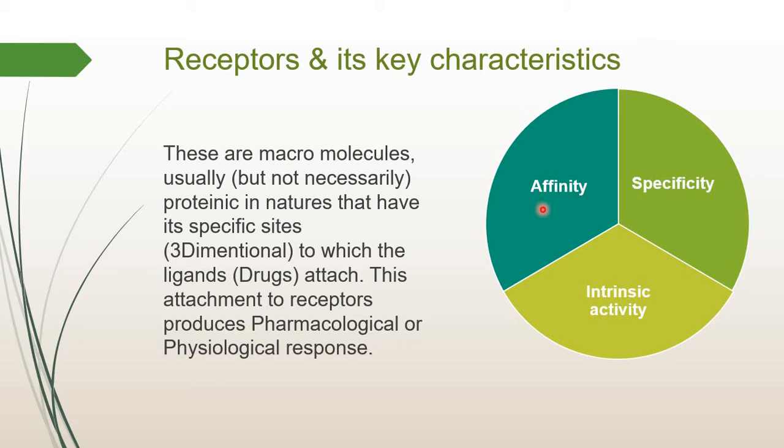Now, having said that, there are three characteristics of receptors. One is the affinity, the other is specificity, and the third is the intrinsic activity. If a ligand or drug has affinity for a receptor, is specific for that receptor, and can mimic, stimulate or activate the intrinsic activity, which is the inbuilt activity of a particular receptor, then we can say that this particular ligand is an agonist.